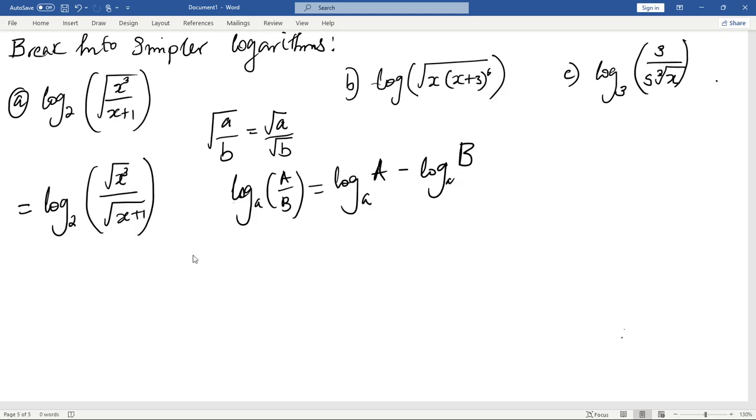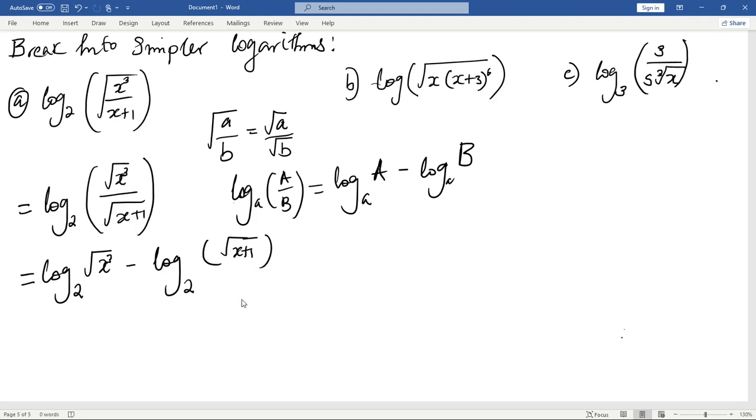So it's the same property that we're going to apply here. So there we have log to the base 2 of the square root of x cubed minus log to the base 2 of the square root of x plus 1.